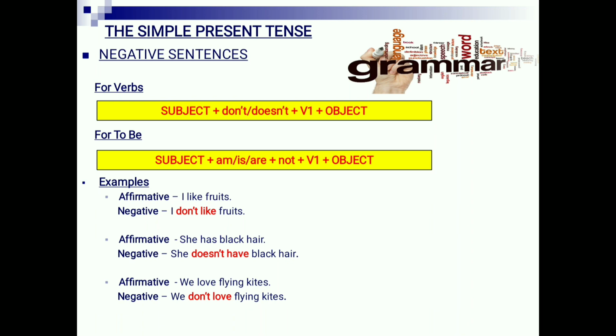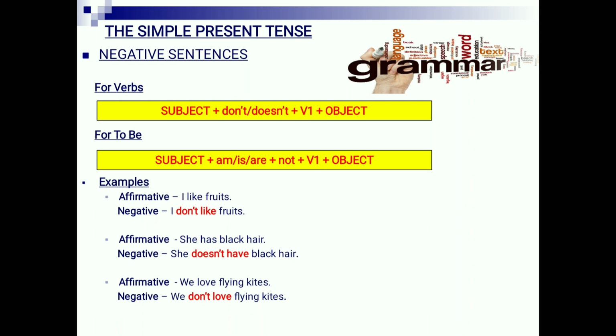She has black hair. Now the formula: she is subject, has is present tense verb, black hair is object. Now the negative form of it is: she doesn't have black hair. Now why has here have come?